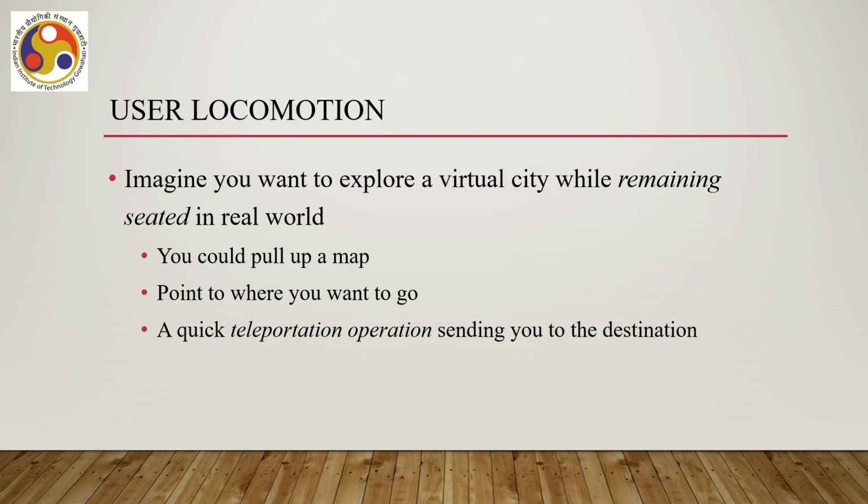For example, suppose you want to explore a virtual city while remaining seated in the real world. There can be different ways to do that. You can pull up a menu, point to where you want to go, and a teleportation operation can be performed, which can send you to the desired location in the city, although you have not made any physical movement.